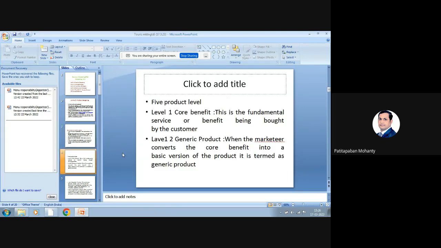The next is different product levels. In terms of benefits or advantages, what are the different product levels that the product always passes through during its product designing process?